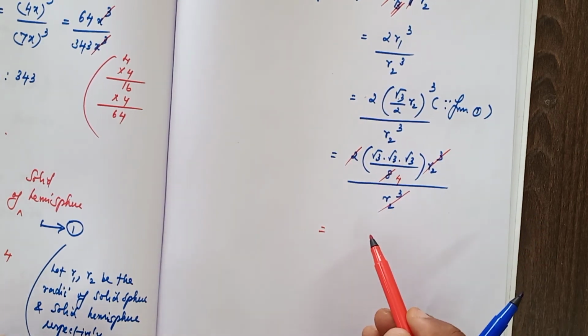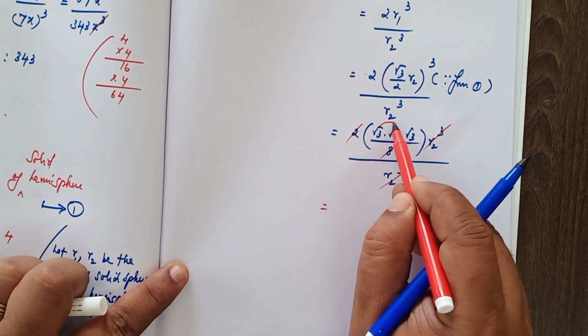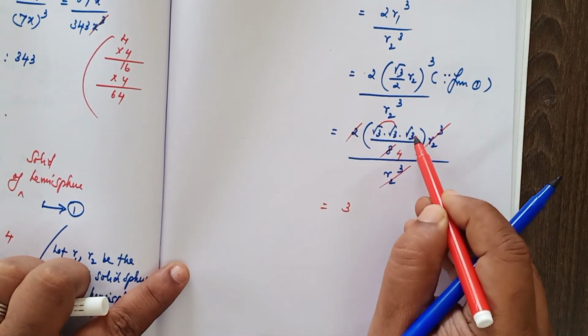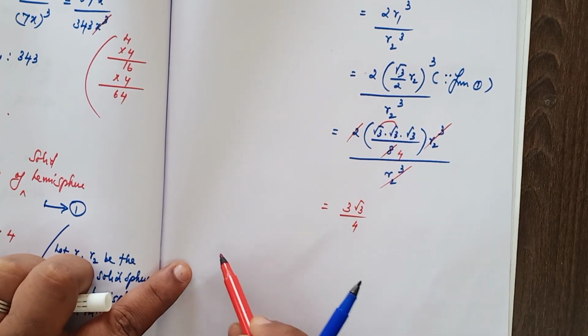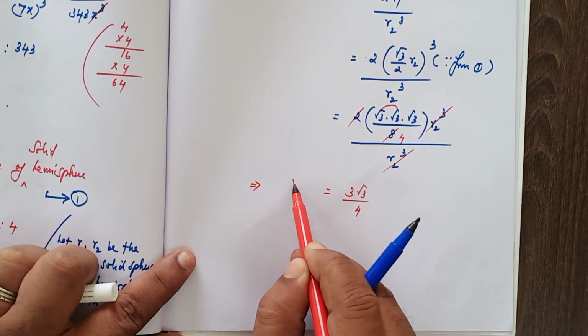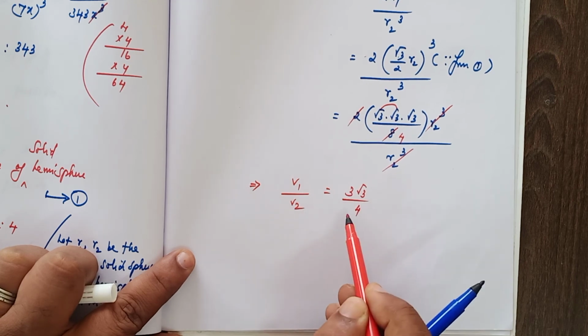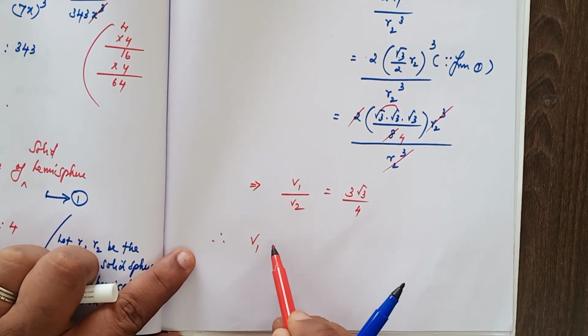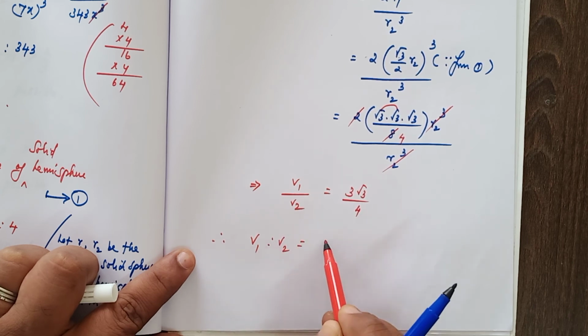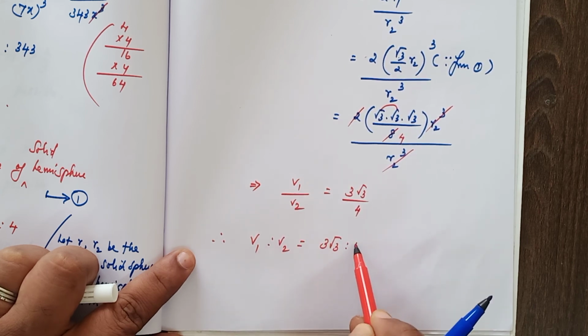That is equal to, you know that root 3 into root 3 is 3, so 3 into root 3 divided by 4, which implies V1 by V2 equals 3 root 3 by 4. Therefore, we can write them in ratio V1 is to V2 equals 3 root 3 is to 4.